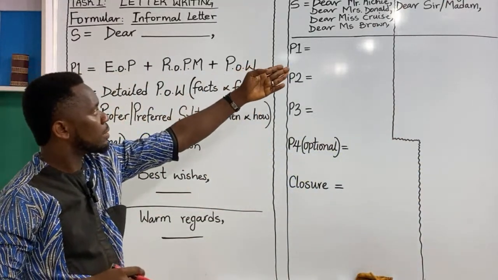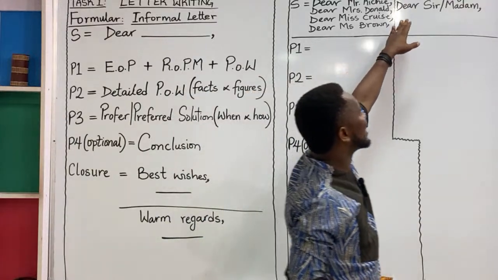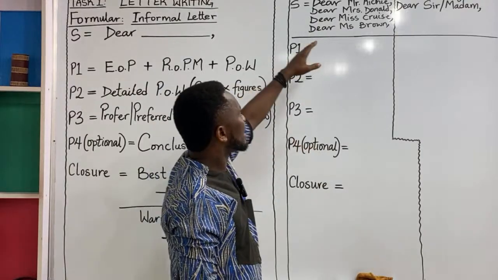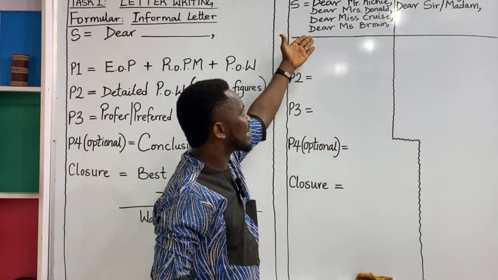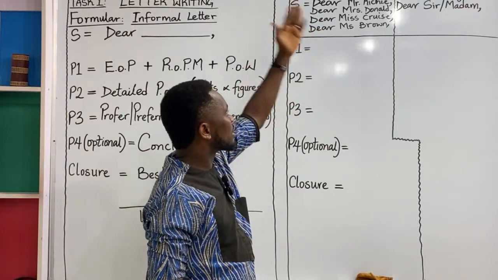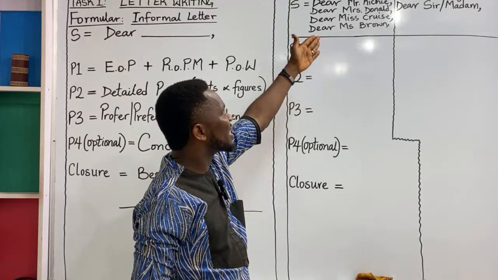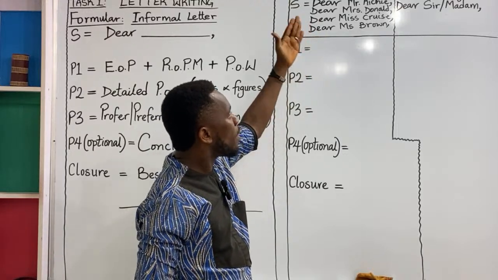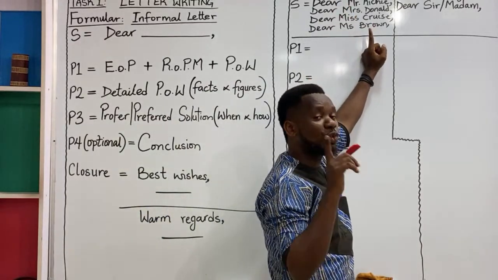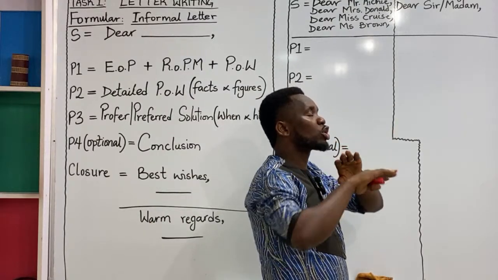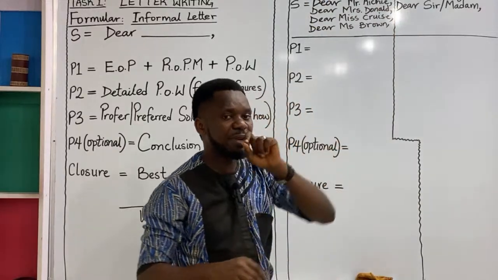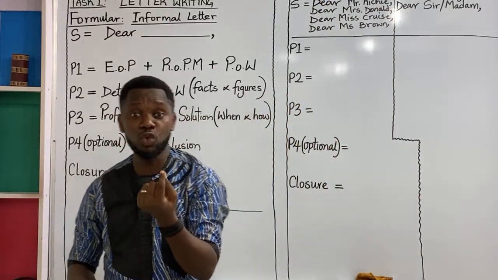So for a formal letter, there is a standard template, which is Dear Sir/Madam. While for the semi-formal letter, you need to address the person beginning with a salutation such as Dear, then the marital status, whether it's Mr., Mrs. or Miss. Then you write the person's official name in full. You don't abbreviate or contract in a semi-formal or formal letter. Every word you write has to be written in full.